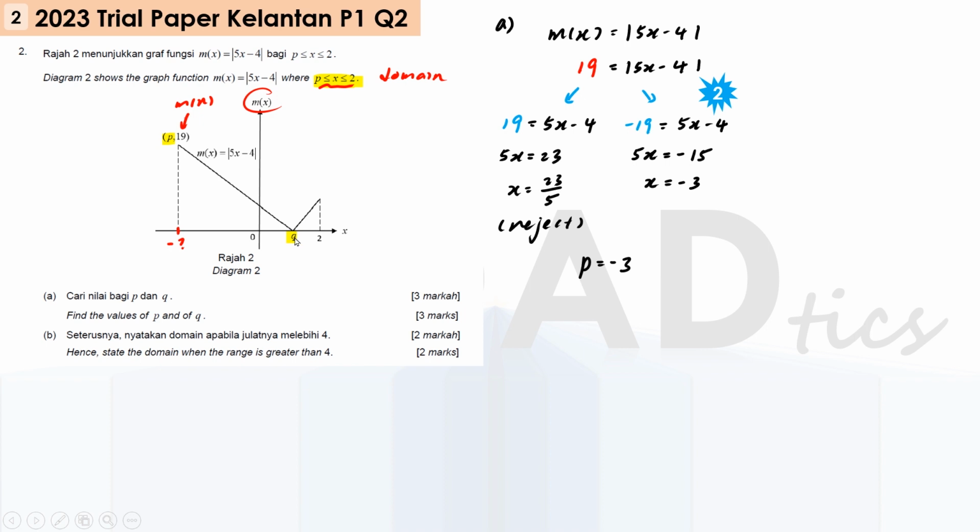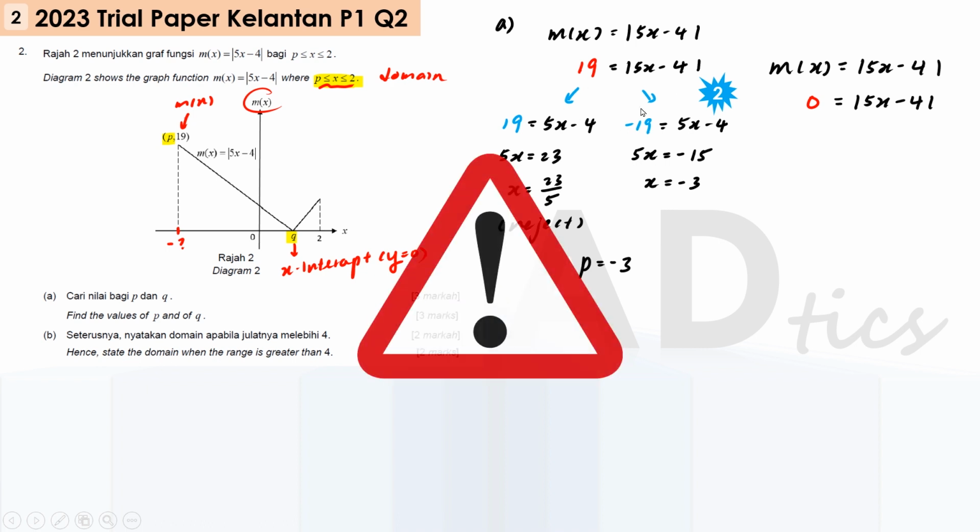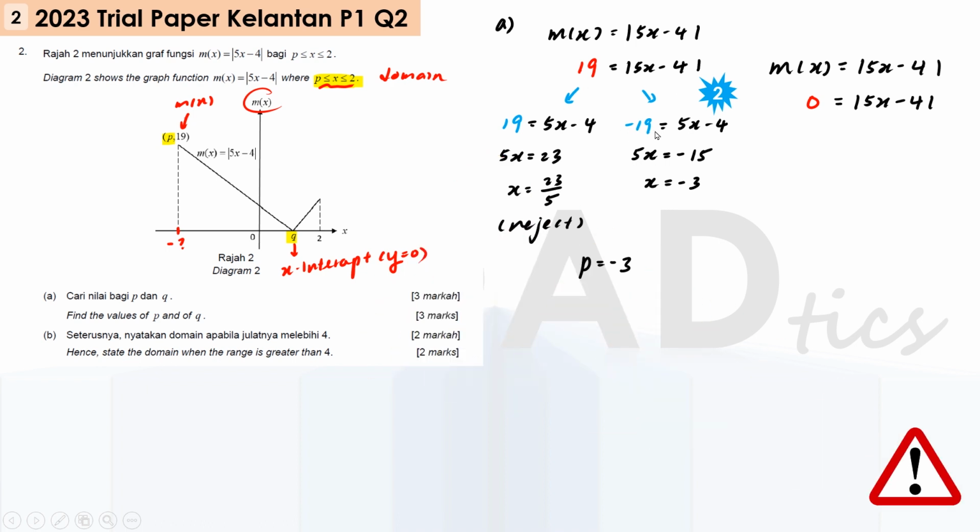And for Q, since this is an x-intercept, we know that the y coordinate is 0. Same thing as well, but for the 19, we just substitute 0 here. Using the same technique, you will realize that these two versions will be the same thing: 0 equals 5x minus 4, because even if I apply positive and negative to 0, it will be the same thing.